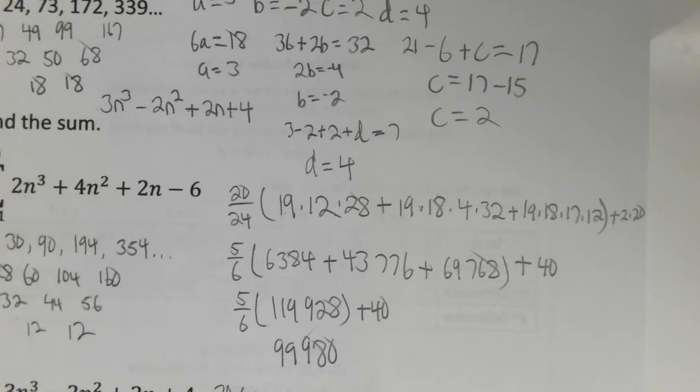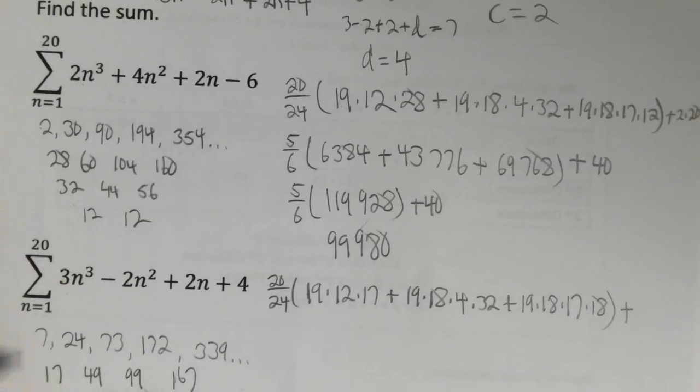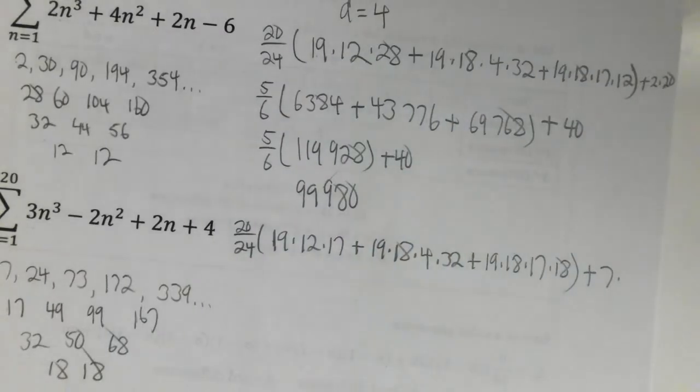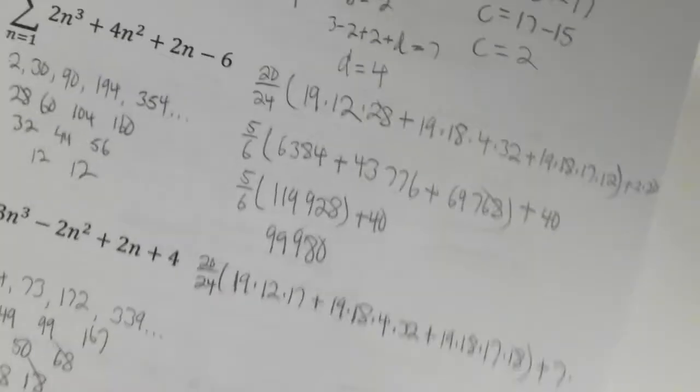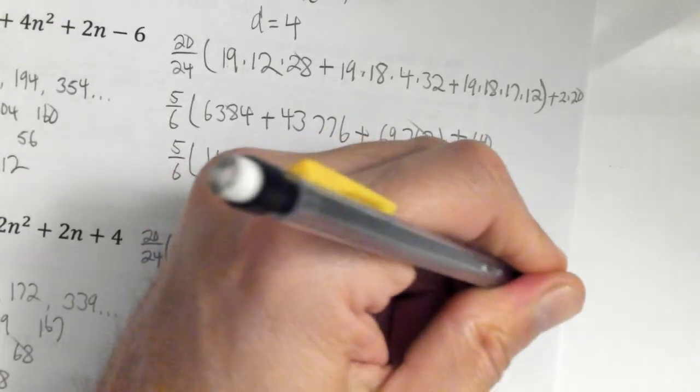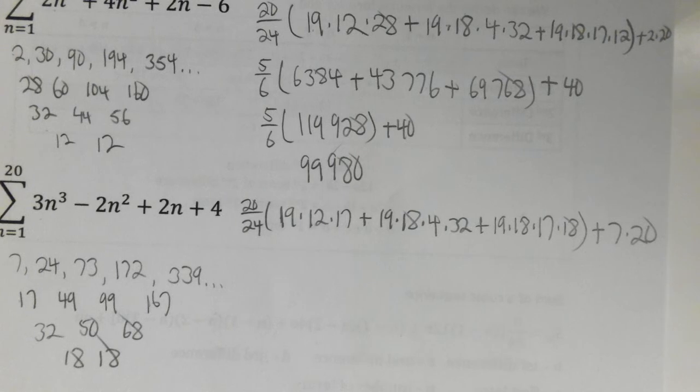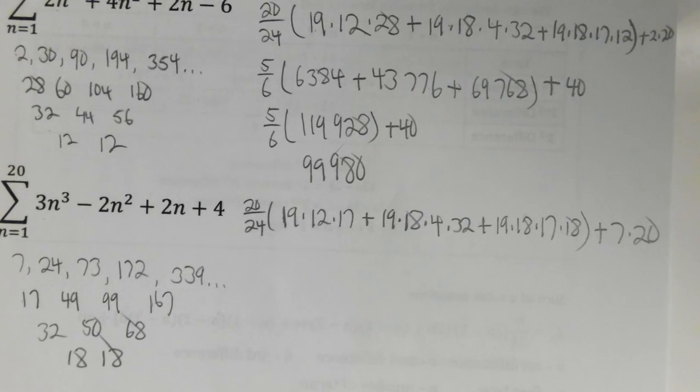And remember, A is the first term. So what's the first term on my sequence here? It's going to be 7 times N. So N is the term number. How many terms is the first 20 terms? And so now we've got everything plugged in correctly. It's just a matter of simplifying.